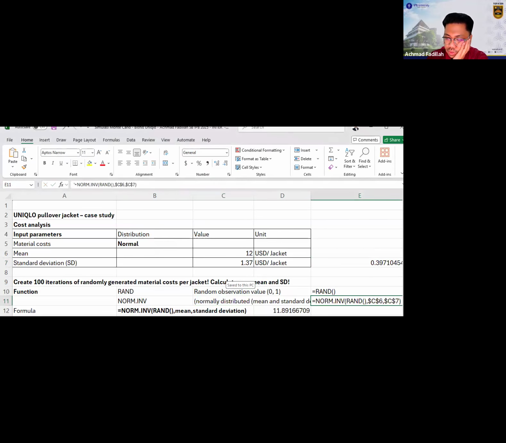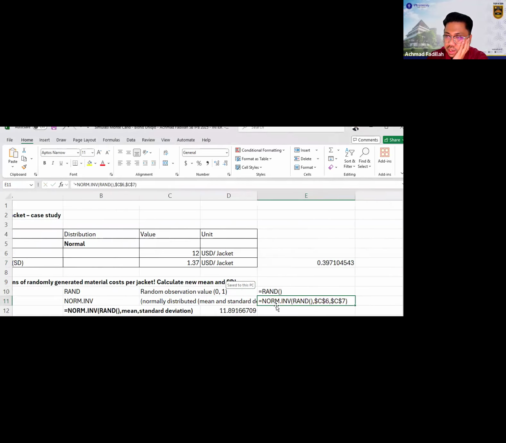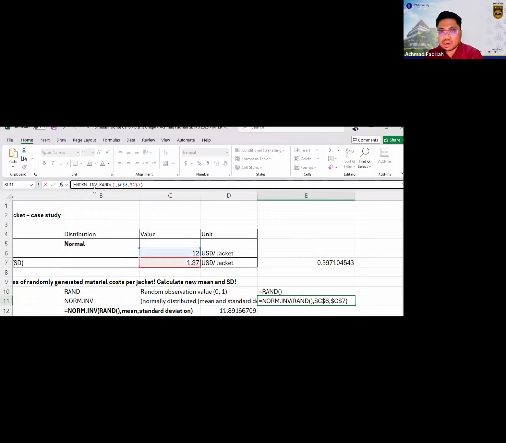So you can put here, first, if you look at this case, you can see the formula. Go to NORM.INV, it is normally distributed, and put the random value here.